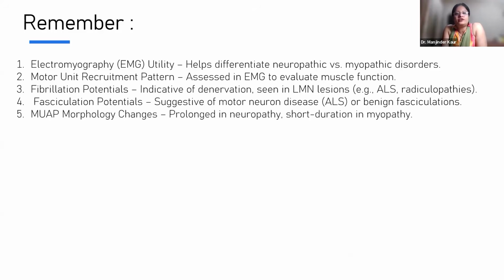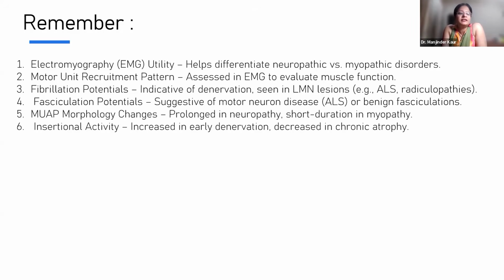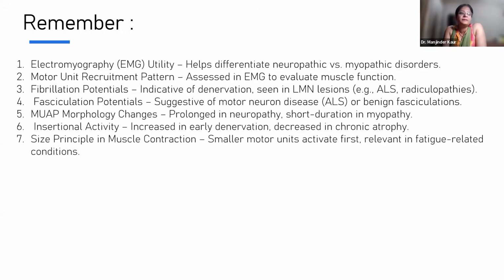The MUAP morphology is prolonged in neuropathy and short duration in myopathy. The insertional activity is normally seen when you insert the needle, and the muscle becomes hyper responsive in case of early denervation, and it is decreased in chronic atrophy.